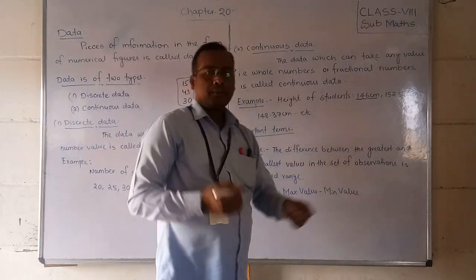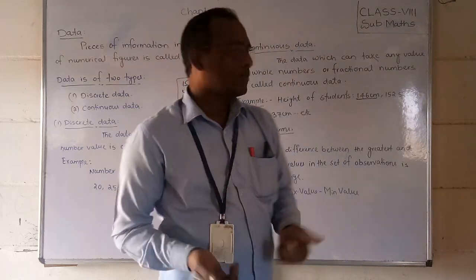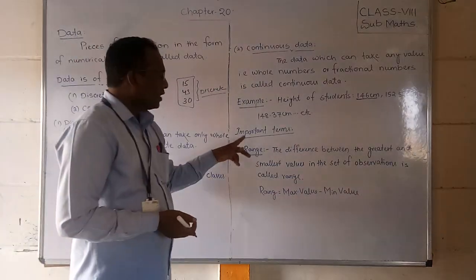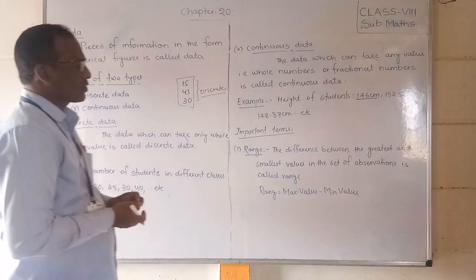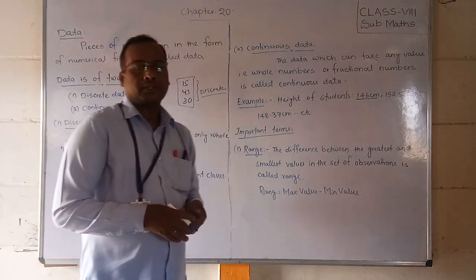So if the data are represented as fractional numbers or whole numbers, we should say this is continuous data.